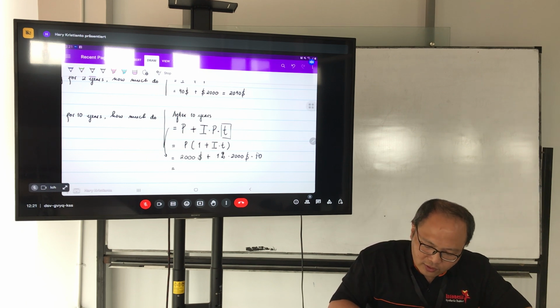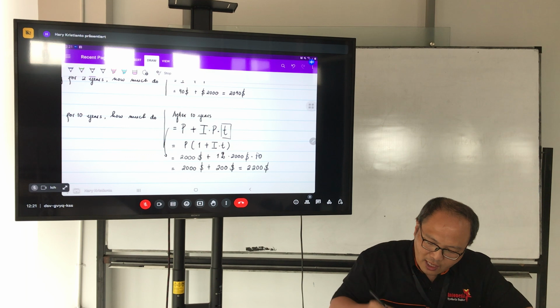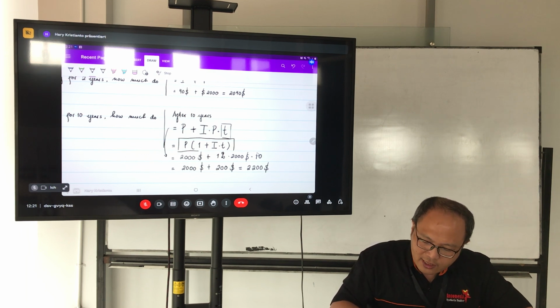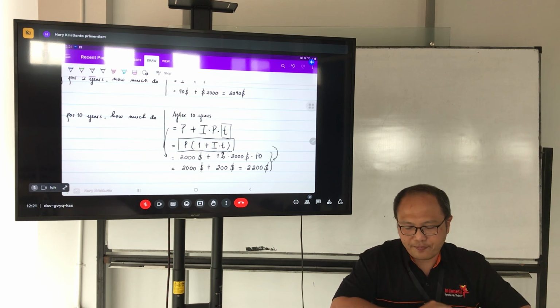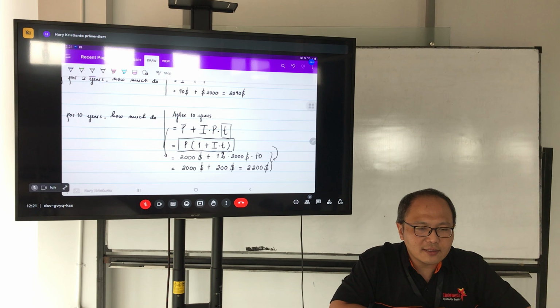Meaning you have $2,000 plus 20 times 10, that's $200. So basically you have $2,200, and this is the formula that you can also apply next time, which is basically the same as the two of them here. Is it clear?